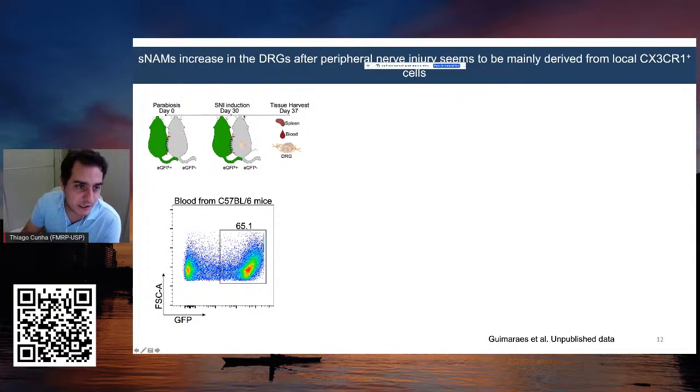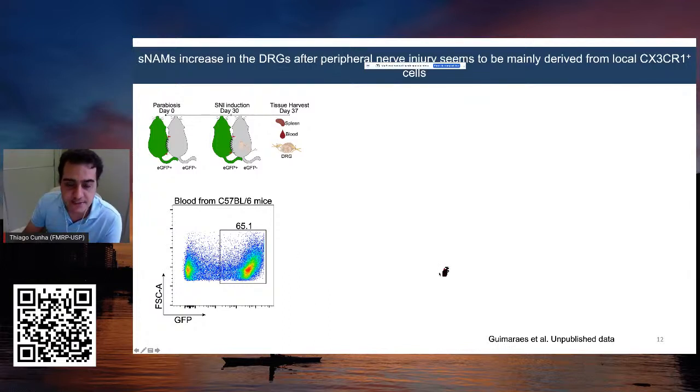After 30 days and 45 days, we induced SNI in the wild type mouse, and after 7 days, we collected blood and also DRG to analyze whether there is a recruitment of peripheral cells to the DRG. As you can see here, there are GFP cells circulating in the blood of the wild type mice, suggesting that our parabiosis was successfully induced.